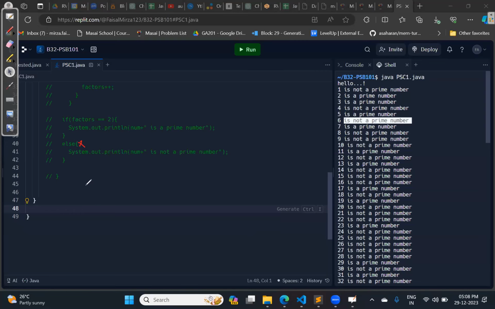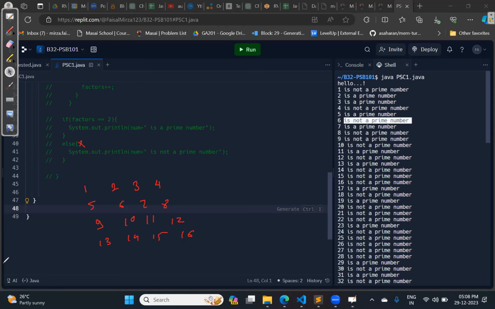Okay. Now I want to print this pattern. 1, 2, 3, 4, 5, 6, 7, 8, 9, 10, 11, 12, 13, 14, 15, 16.